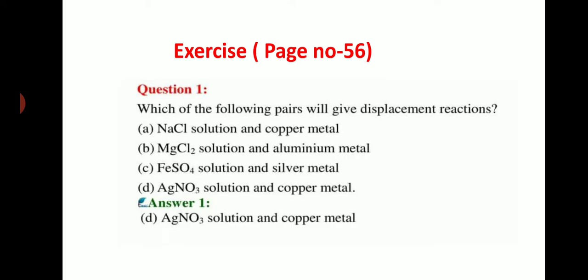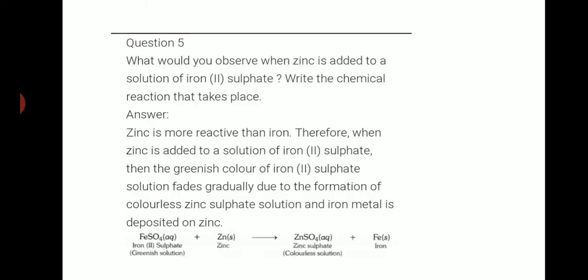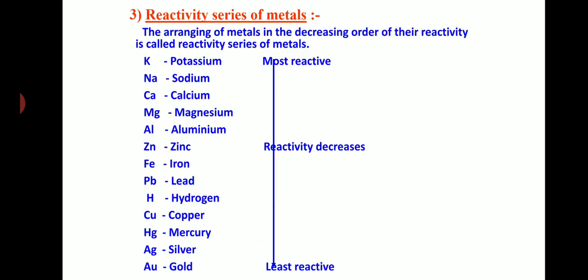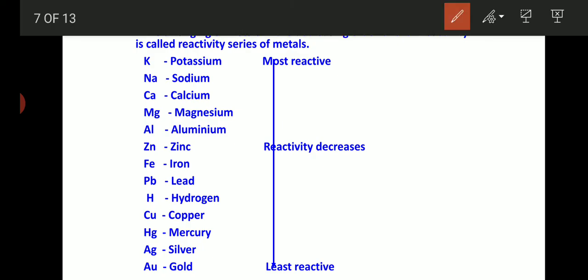Now again we go back to the reactivity series, and all of you take that question, refer to the textbook. See which of the following pairs. Okay, sodium chloride solution and copper metal. See, where is copper? Copper is here and sodium is here. So sodium is most reactive, so copper does not displace sodium. No displacement reaction occurs. Option A. Second option is what?